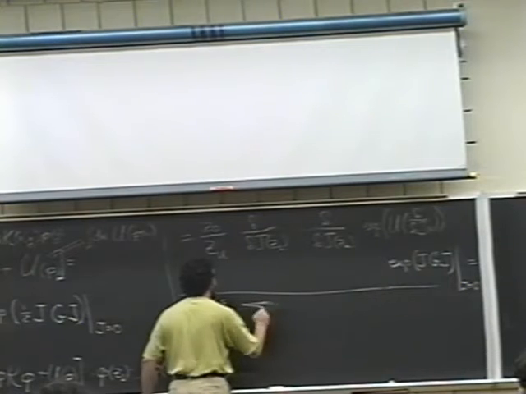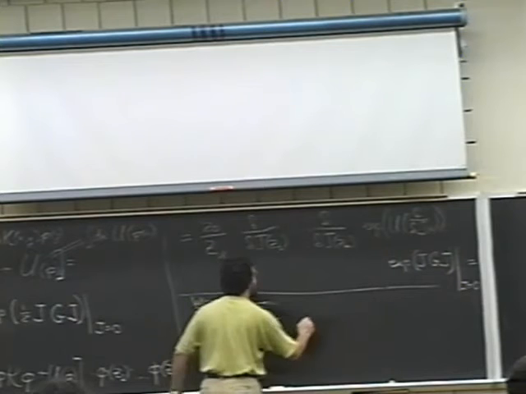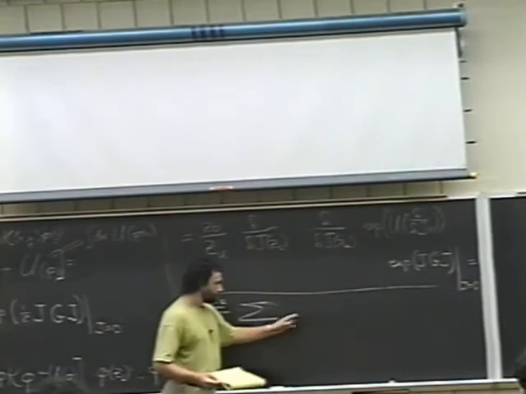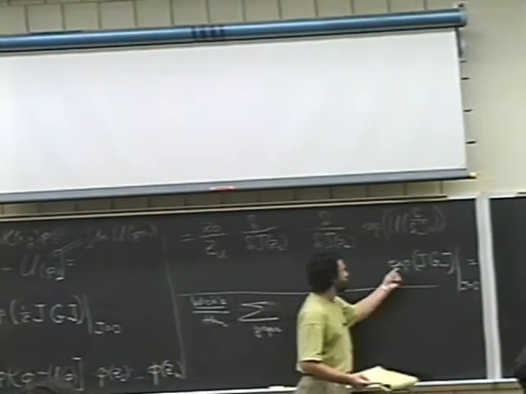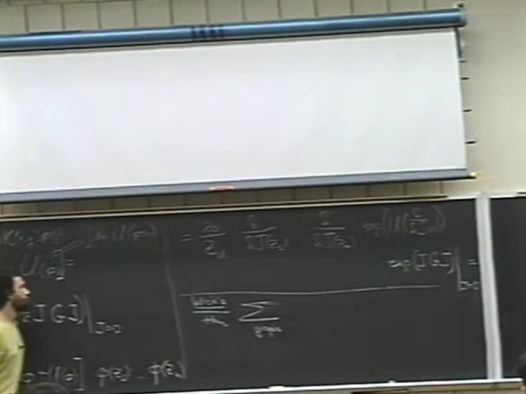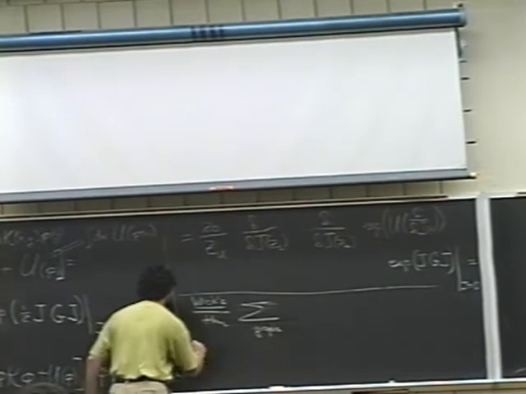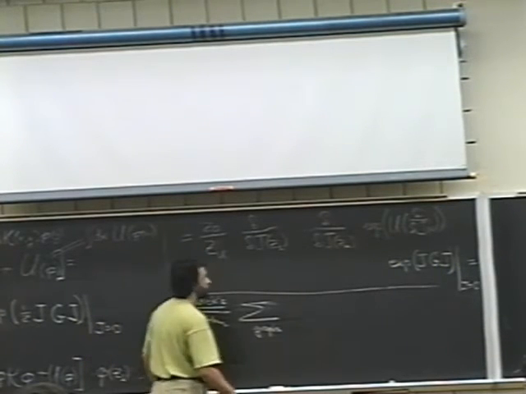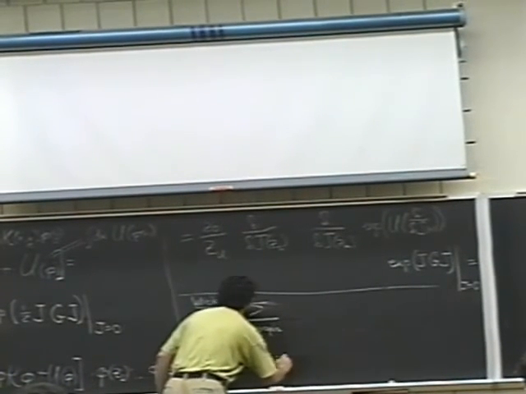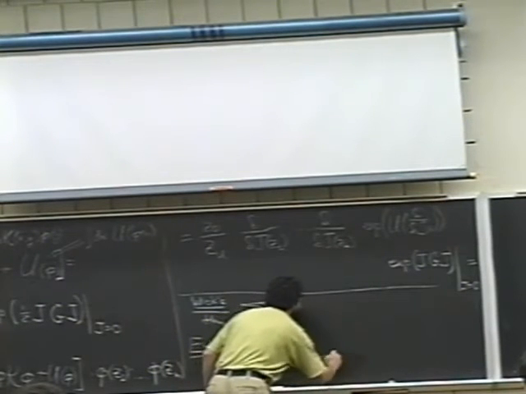So there will be again the sum over all graphs. And then what I put in the vertices will depend on this u. So we've seen in the example that if I just take phi cube theory, then u of phi is the integral over dx of phi of x cubed.